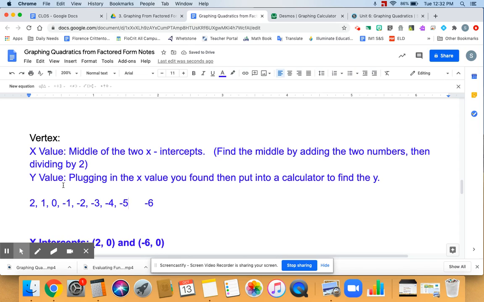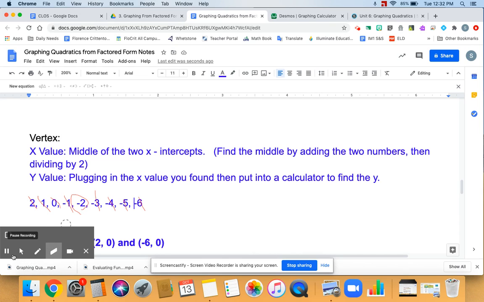Now I'm at negative 6. These are all the numbers between 2 and negative 6. If I start crossing them out on each end to find the one that's in the middle, I'm going to take one off of each side at a time. I would find out that this negative 2 is in the middle.